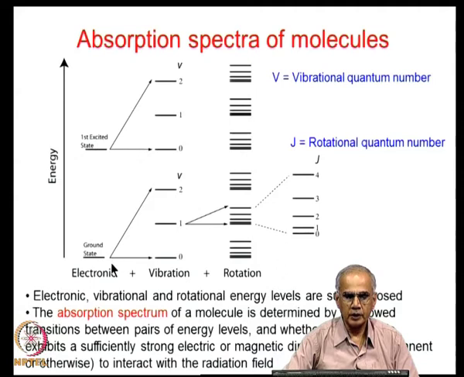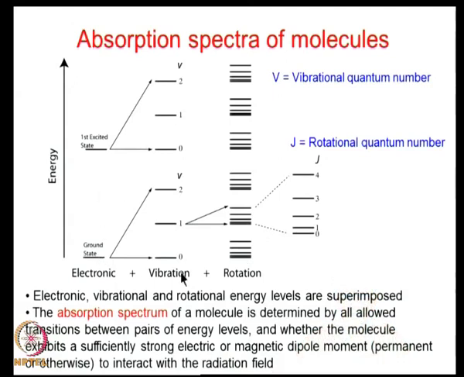This is the ground state, and the molecules can move from the ground state 0 to ground state 1 here, or ground state 2 here, and this is the first excited state, and these are the various transitions: this is the electronic transition, this is the vibrational transition, this is the rotational transition.